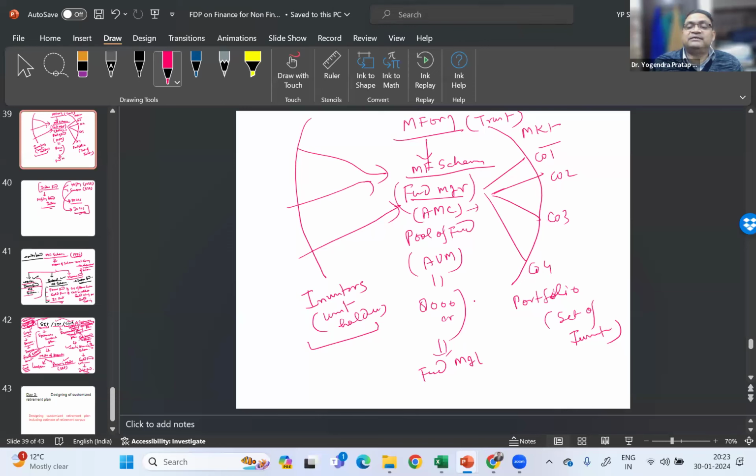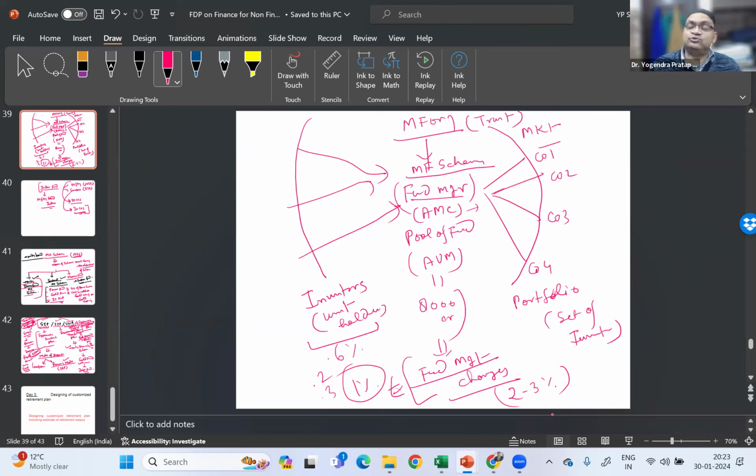Thanks to SEBI, there is a guideline that a fund manager cannot charge more than 2 to 3% of the entire corpus. And when you actually see the fund management charges, they are less than 1%: 0.2%, 0.3%, 0.6%. It is a very nominal cost. Fund managers are providing their professional services at a very low cost. This is the only demerit.